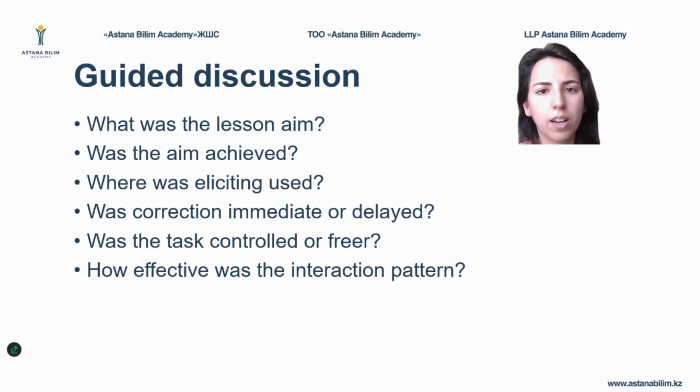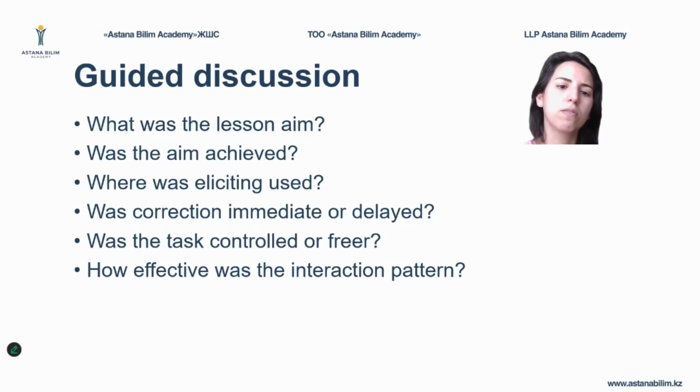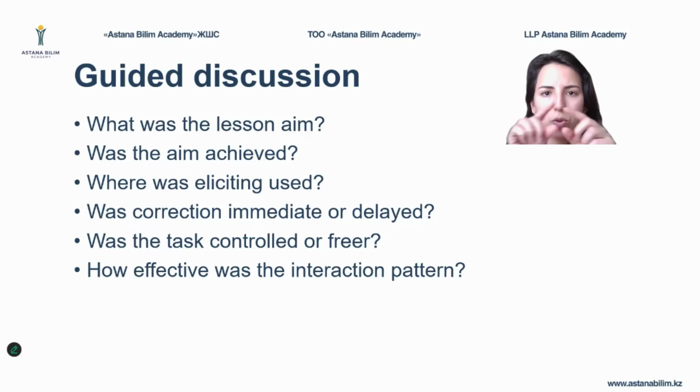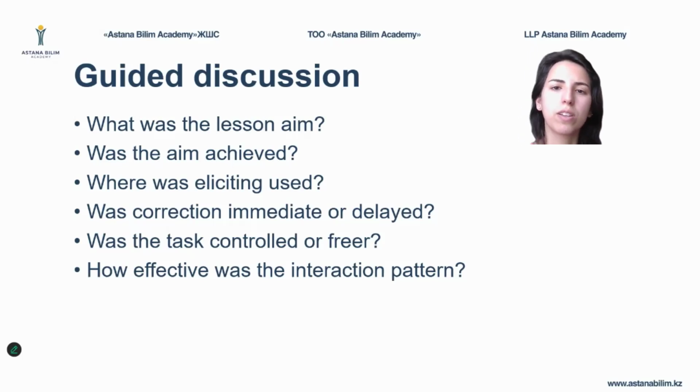It was immediate error correction because students were only at the beginning of the lesson, so they were just practicing. They had just started. About the tasks: one controlled practice activity with small pieces of paper, and three free practice activities, together in pairs, then in groups.